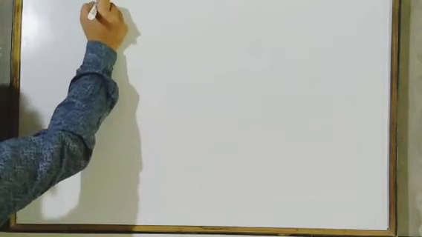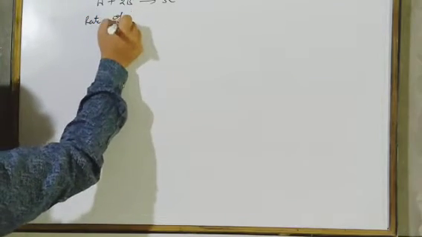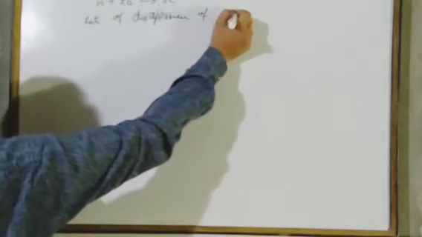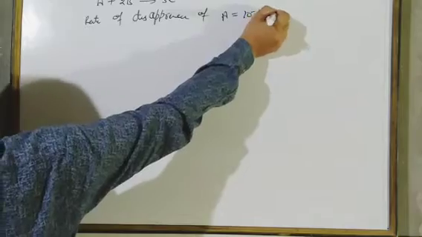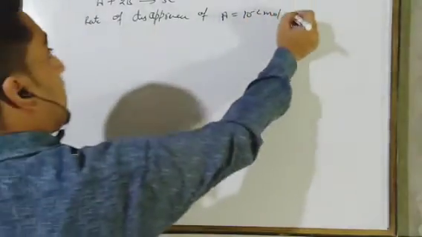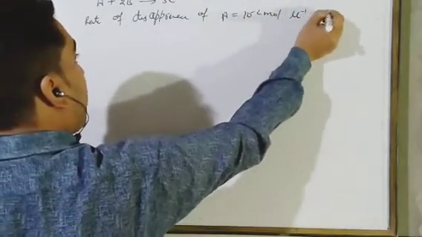As we take an example over A, suppose you are given an example: in the reaction A plus 2B gives 3C, the rate of disappearance of A is 10 raised to power minus 2 mol per liter per second.